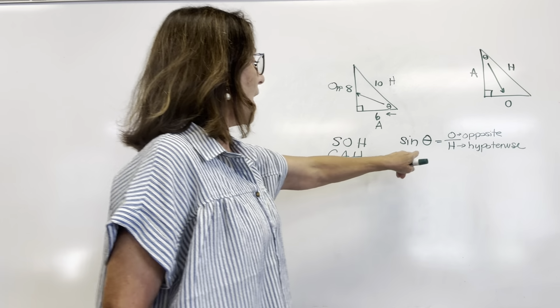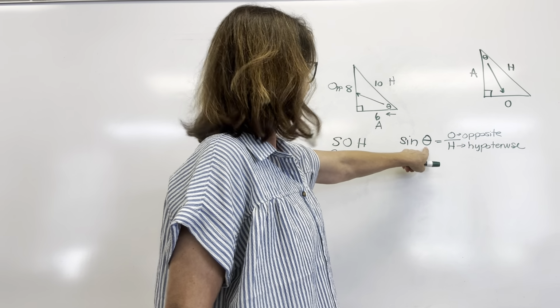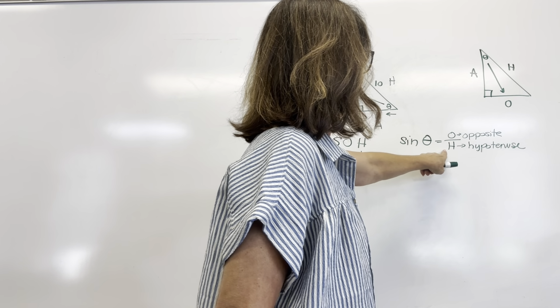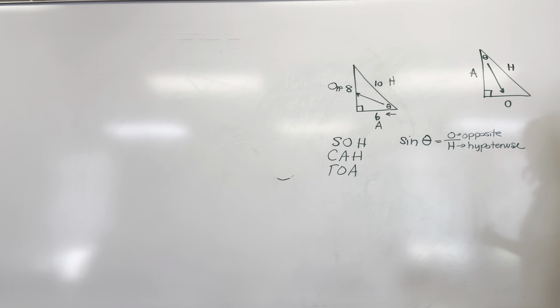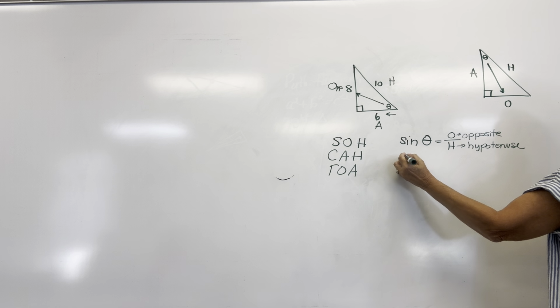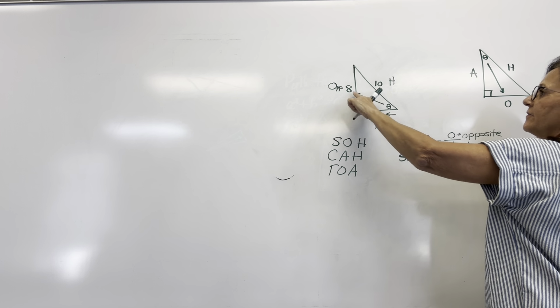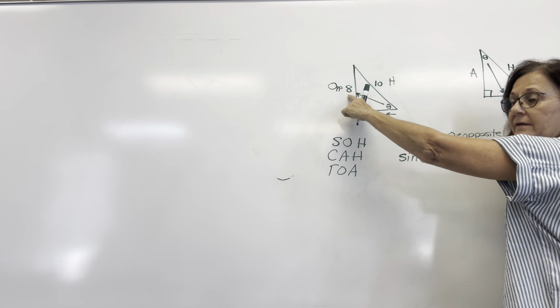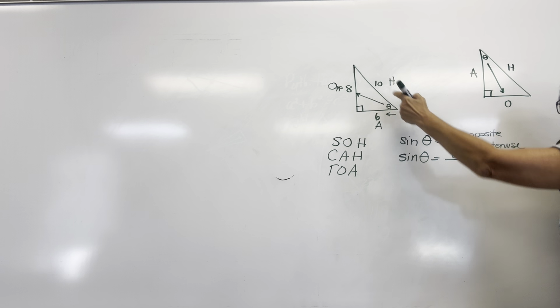So if I were to write the sine of theta equals opposite over hypotenuse, I could actually substitute numbers in. The sine of theta equals the length of the side opposite it, 8, over the length of the hypotenuse, 10.